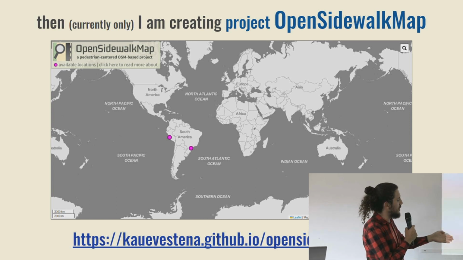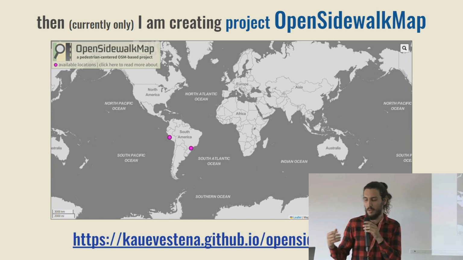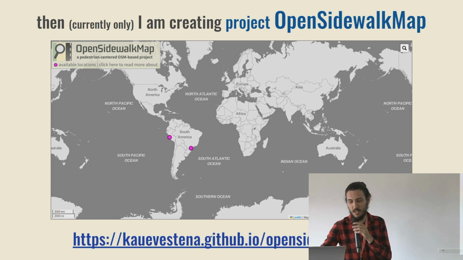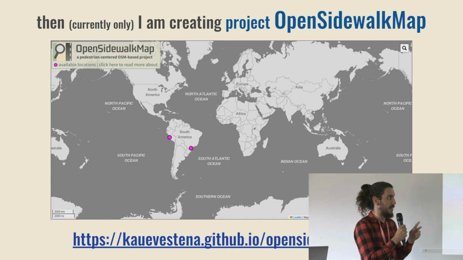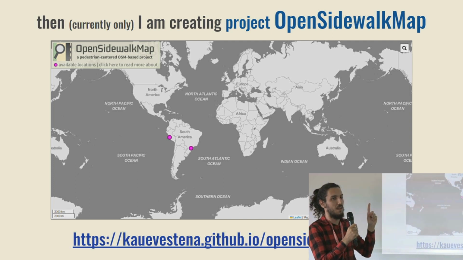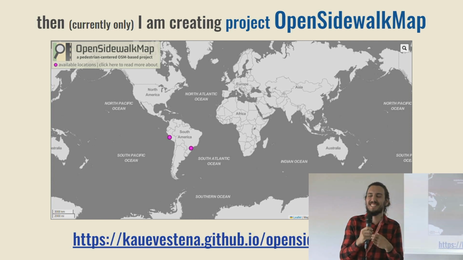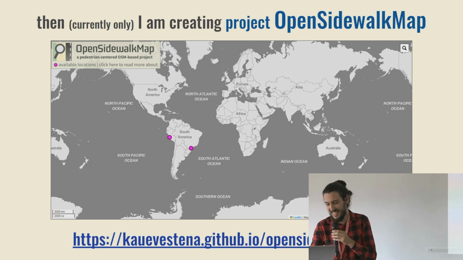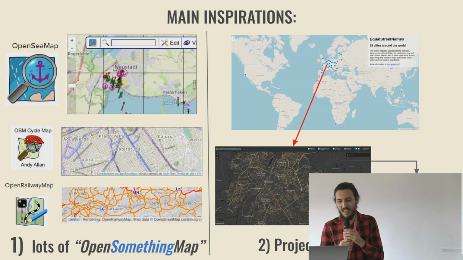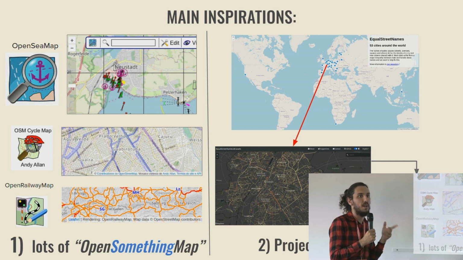This is the website, I can show you at the end if you want to take a note. Currently there are only two nodes here. I was about to prepare a node for Prizren, but there is no sidewalk data on the city, and then I just can't.